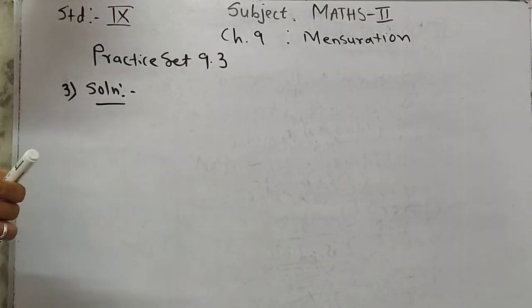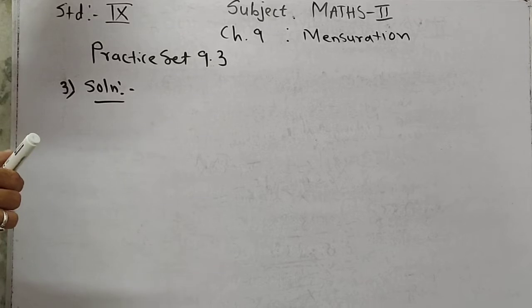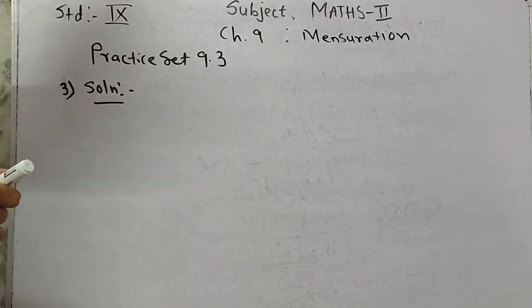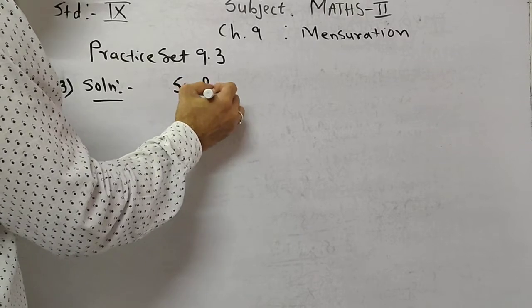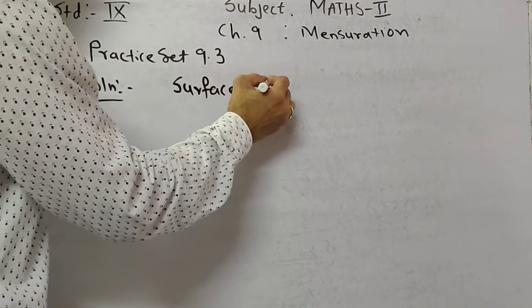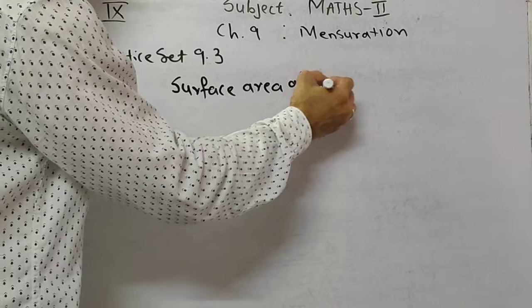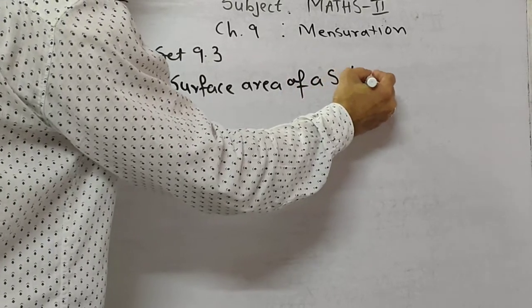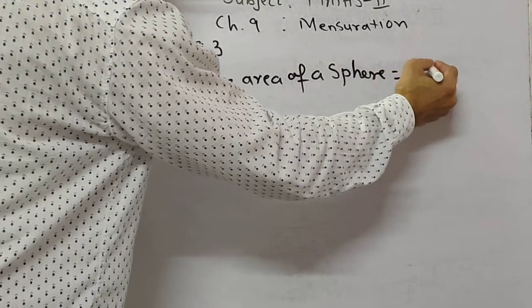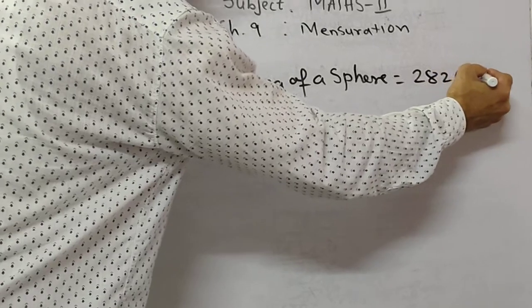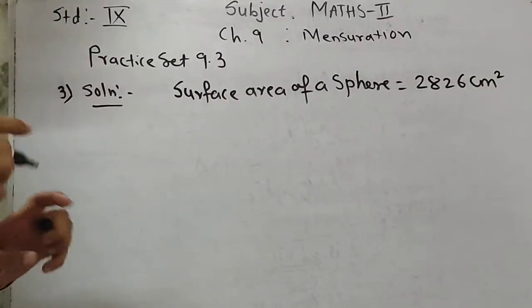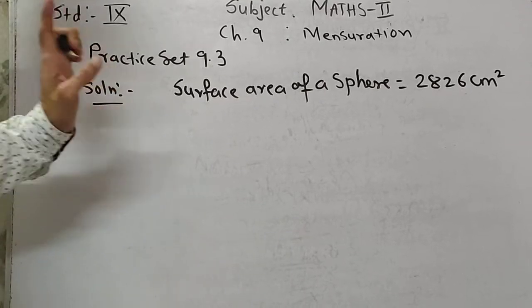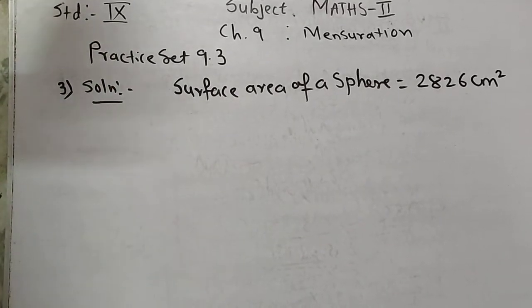Okay, now come to sum number 3. Surface area of a sphere is 2826 centimeter square. Surface area in sphere, you know, there is no curved surface, no total, only surface area. 2826.